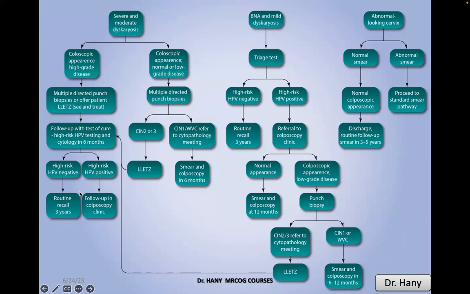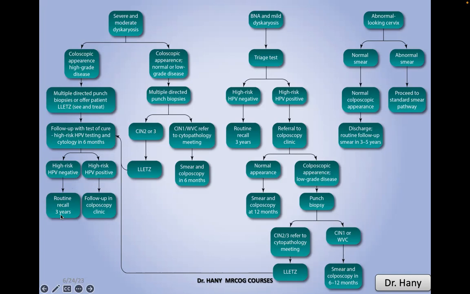The same, but I love this one because it is on target. Moderate dyskaryosis, severe dyskaryosis, or CGIN, colposcopy. High grade, or CIN2 or 3 or CGIN, LEEP. And the follow-up will be human papillomavirus positive, colposcopy again, negative, 3 years recall.